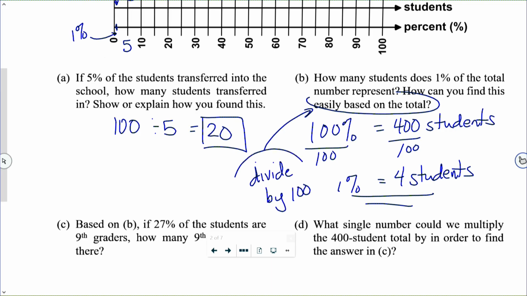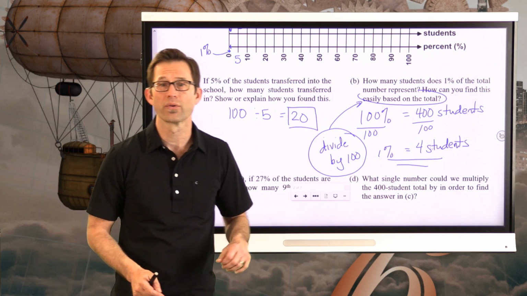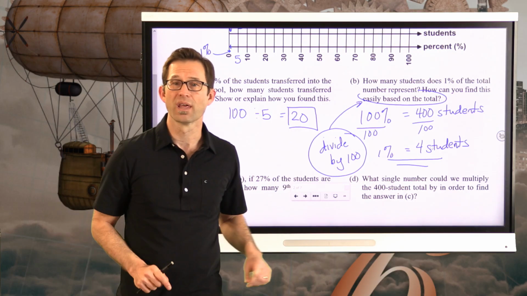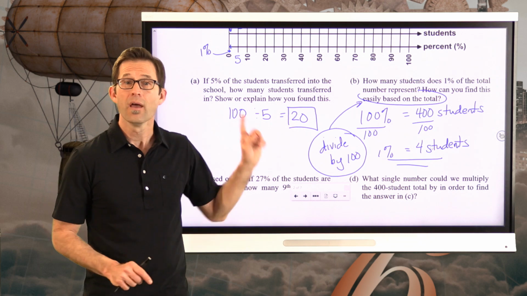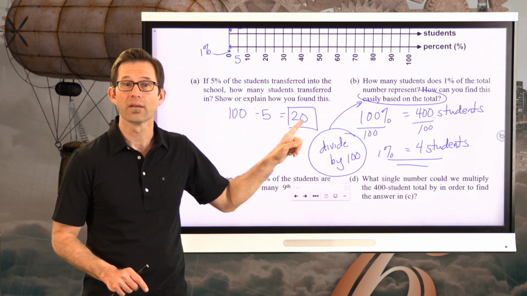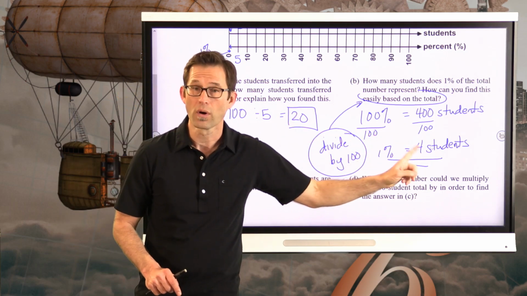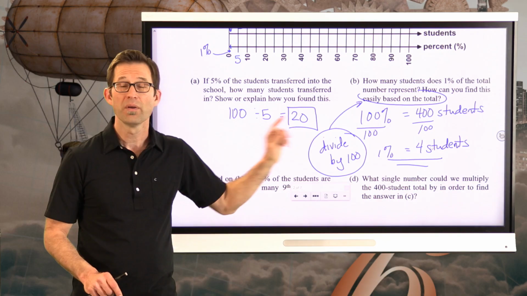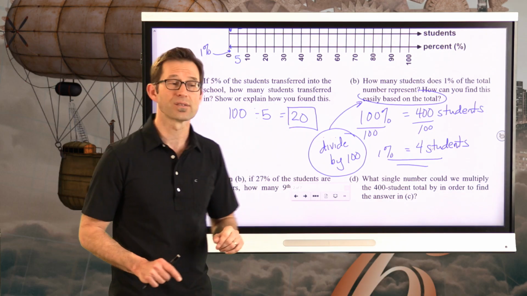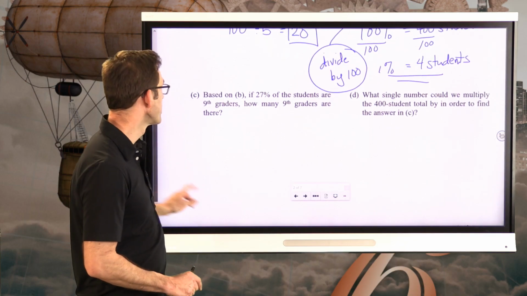Divide by 100. That's it. If 100% corresponds to all 400 students, then 1% of that would just correspond to 4 students. And by the way, take a look at that. Back here, 5% corresponded to 20 students. Well, 5 times 4, if 1% is 4 students, then 5% would be 20 students. So that checks.